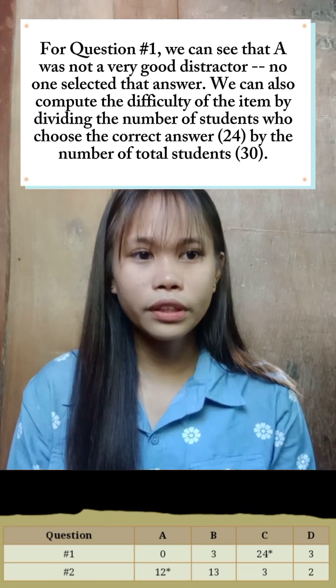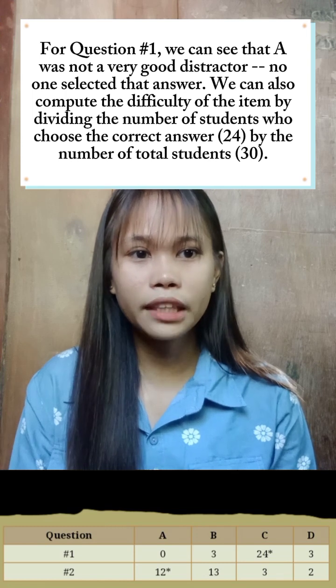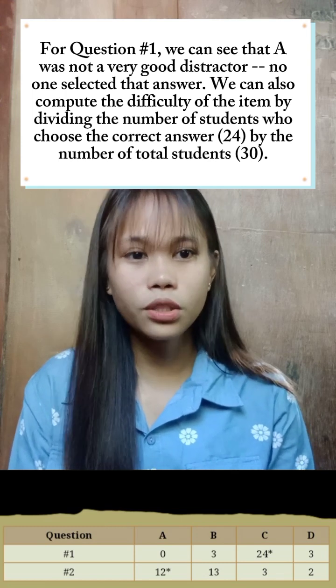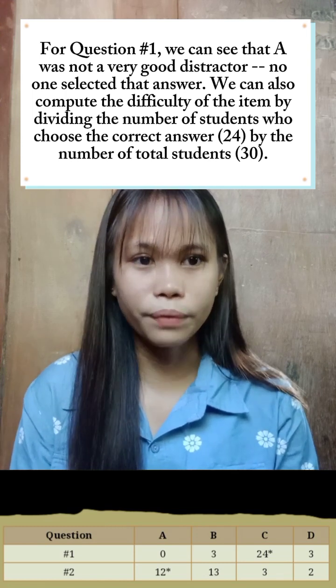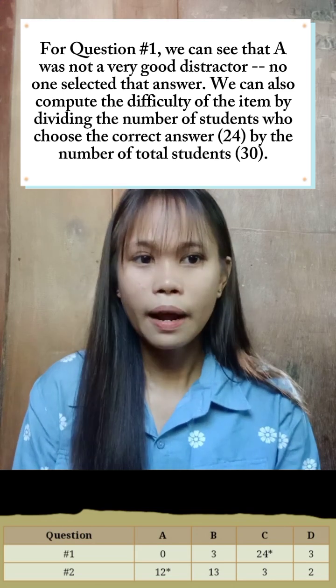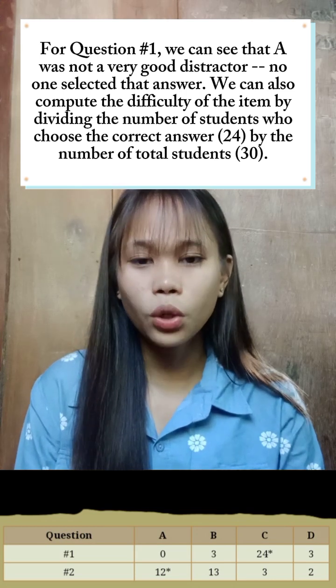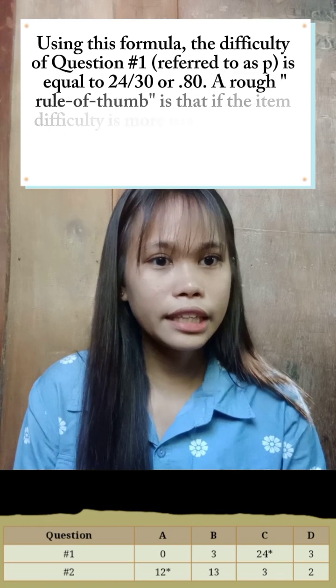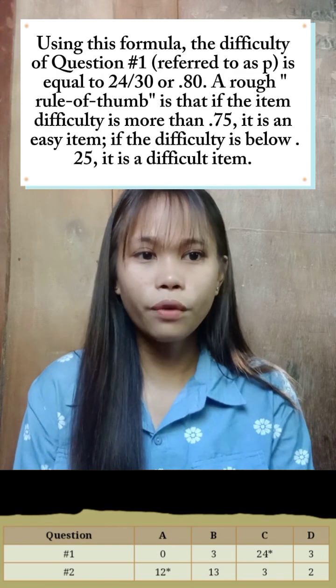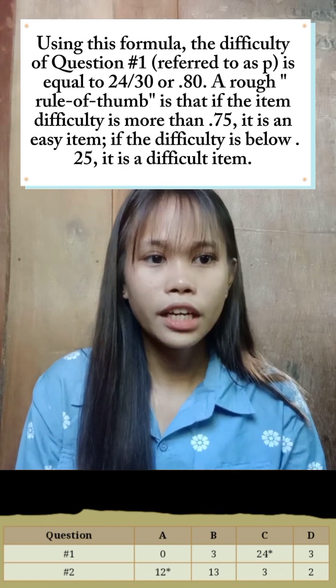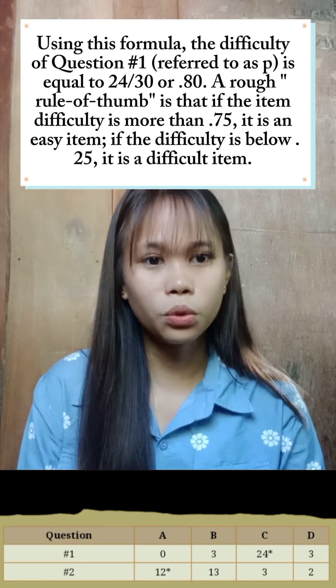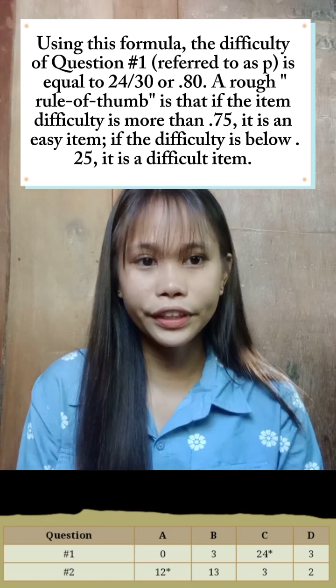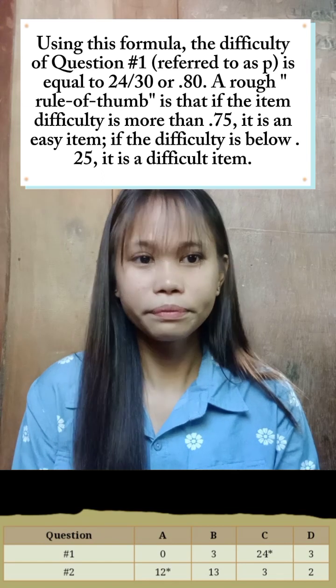We can also compute the difficulty of the item by dividing the number of students who chose the correct answer, which is 24, by the total of 30 students. Using this formula, the difficulty of question number 1, referred to as P, is equal to 24 over 30, or 80%.